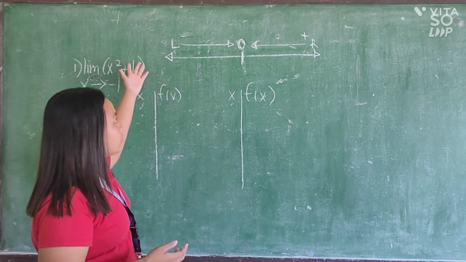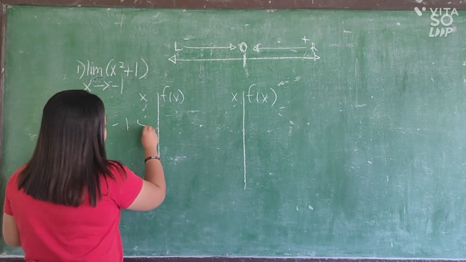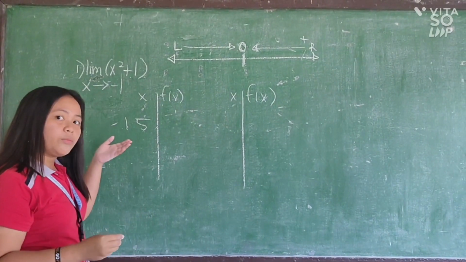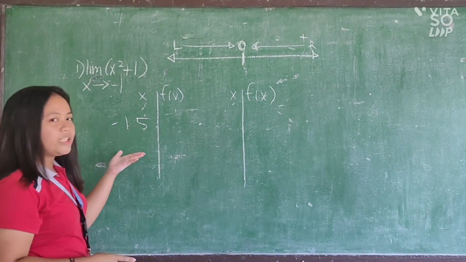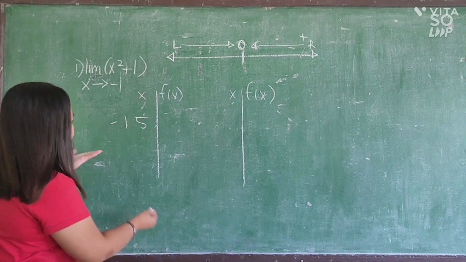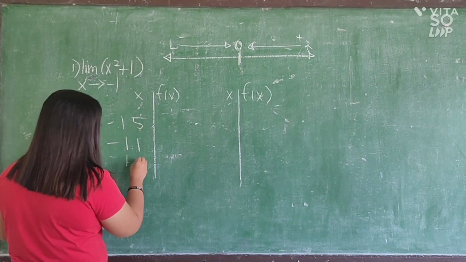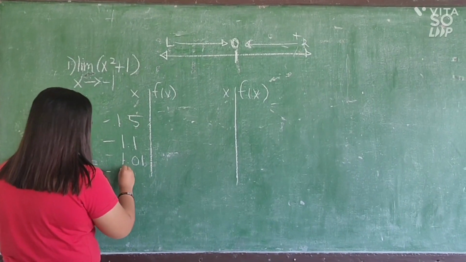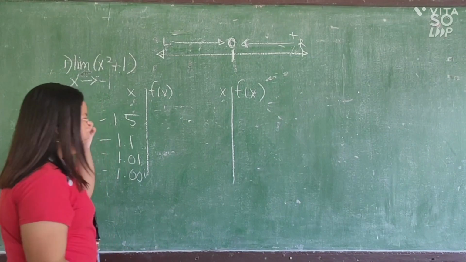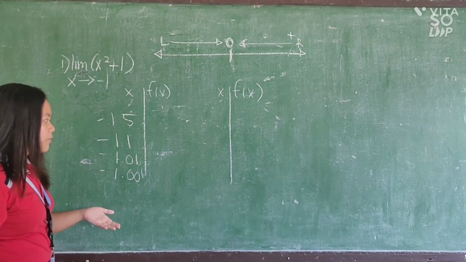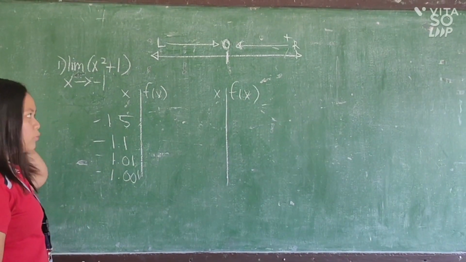From the left, it is negative 1.5, and so on, negative 1.4, 1.3, 1.2, but because there are too many, we just use negative 1.5, negative 1.1, negative 1.01, and negative 1.001. That will go on, but we only take up to 3 decimal places.